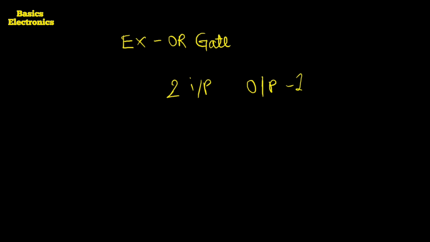Now we have to construct it using all the basic gates, but someone may ask why we construct the XOR gate using all the basic gates. The answer is its equation. The equation of the XOR gate is Y equals A bar B plus A B bar.